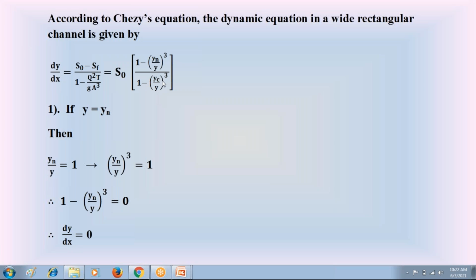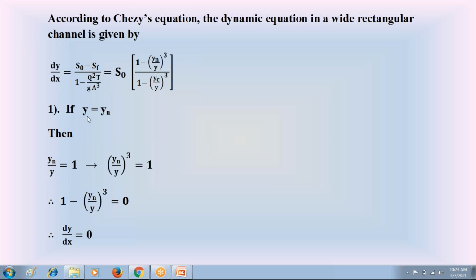Now we are going to discuss what the slope dy by dx is for different values of depth of flow y. That is very important to understand the characteristics of water surface profiles in open channels. So I am going to explain this value of dy by dx for different values of the depth of flow y.